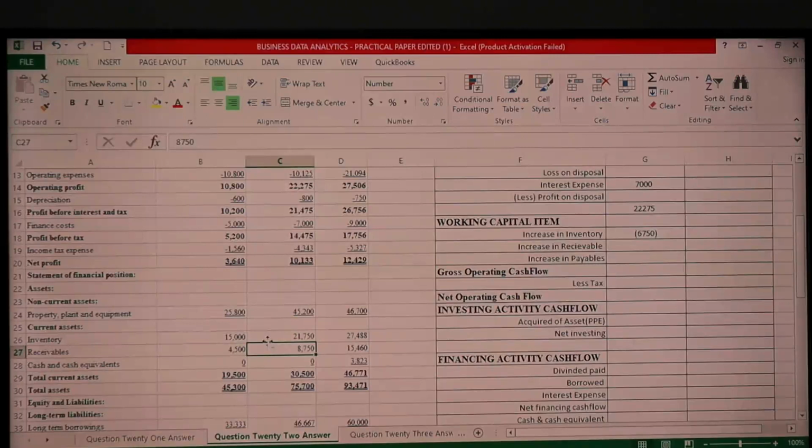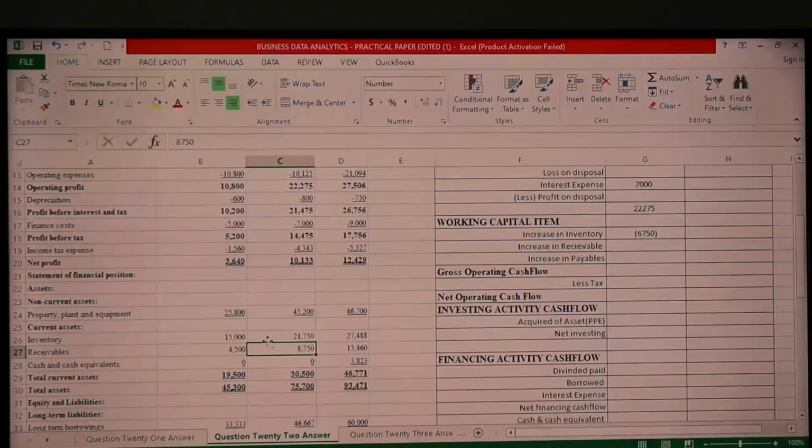So let's see if someone can tell us what you're supposed to do there. Increase in receivables. Which cell will you take to get increase in receivables? You can chat there and give the reason. Increase in asset is minus. Then say B27, C27. Yeah, perfect.